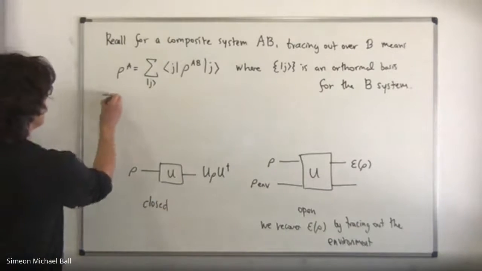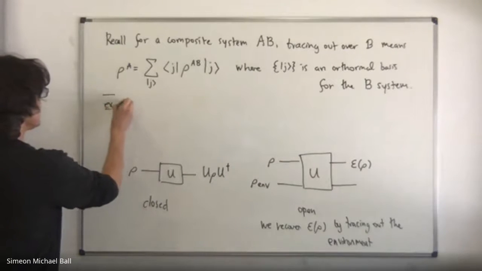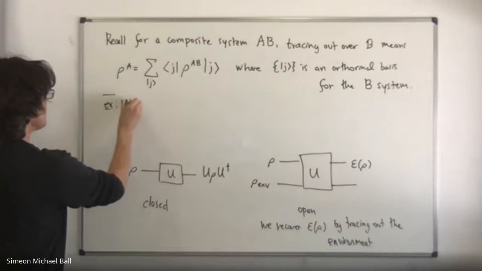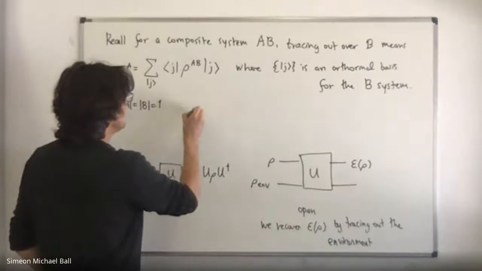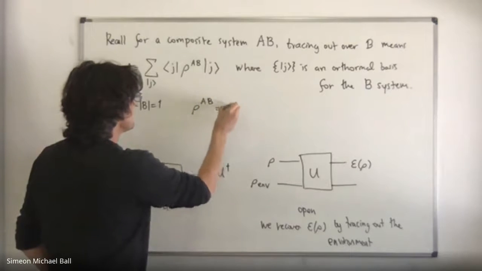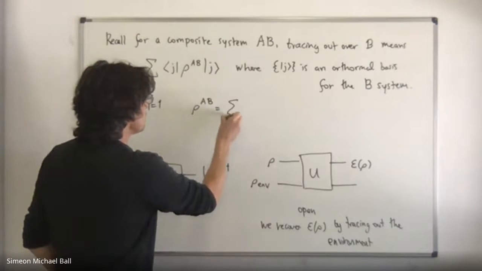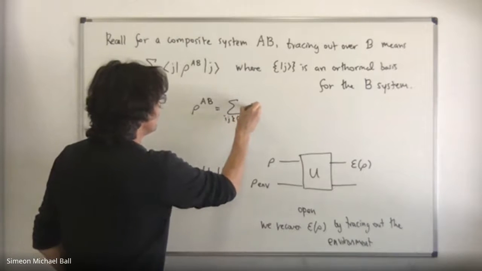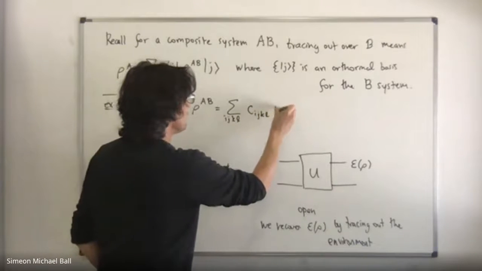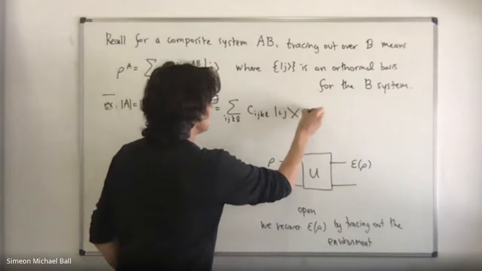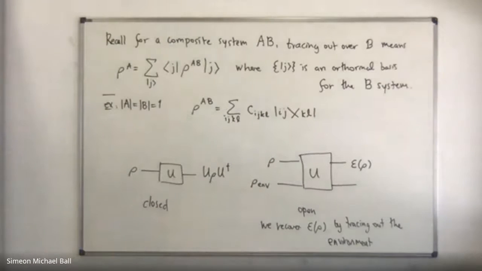Let's say the A system and the B system both have one particle. Rho_AB will be something like the sum over i, j, k, l of c_ijkl |i j><k l|. Okay, so that would be a typical density operator.